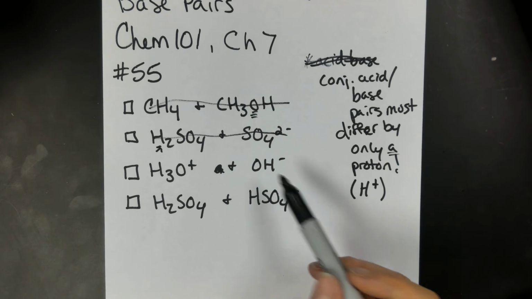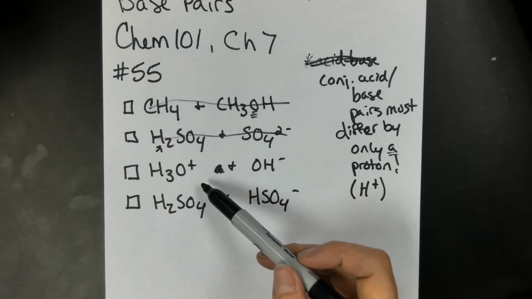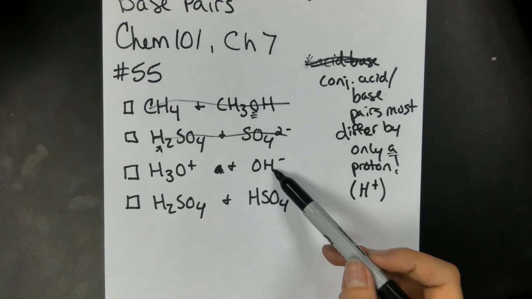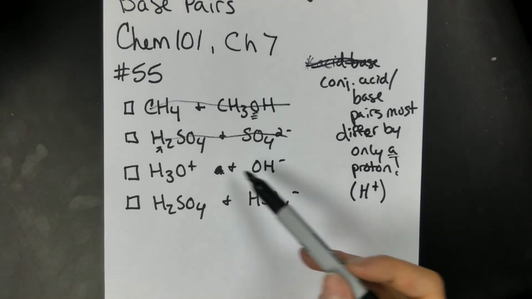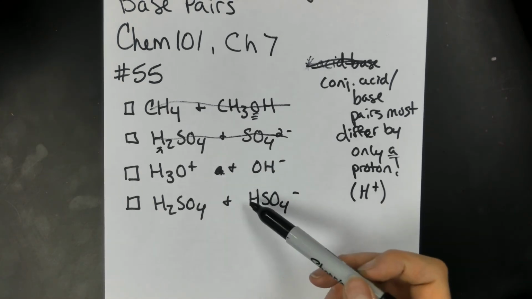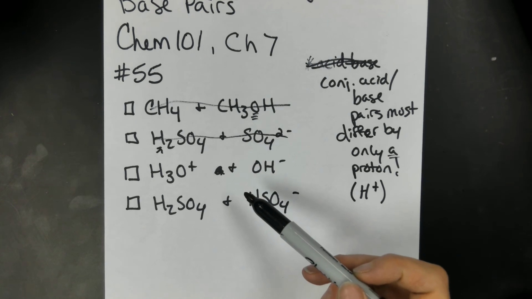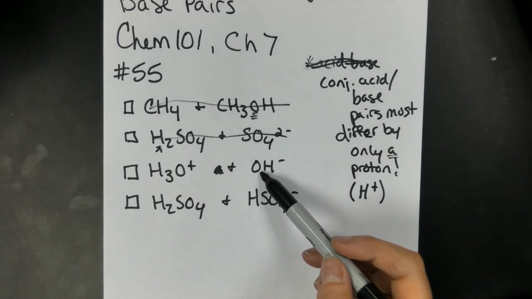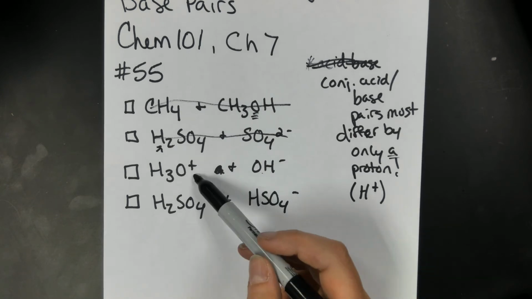How about the next one? You will have to know this for the exam: this is hydronium and this is hydroxide. What do they differ by? They differ by 2 hydrogens. If you add 1 hydrogen to this, you would get H2O, and then you'd have to add another hydrogen.